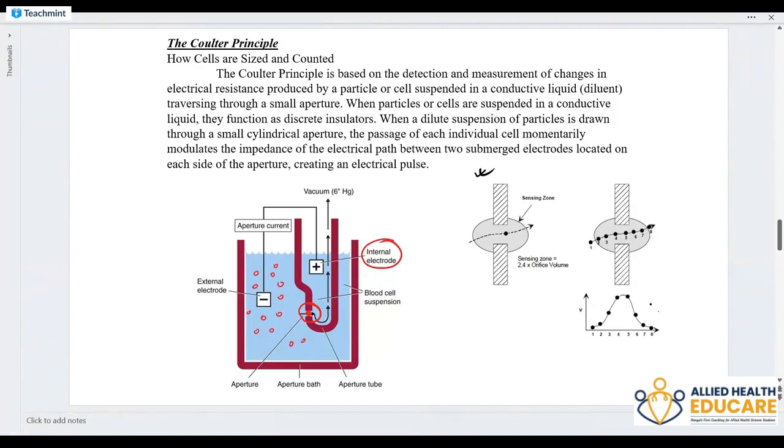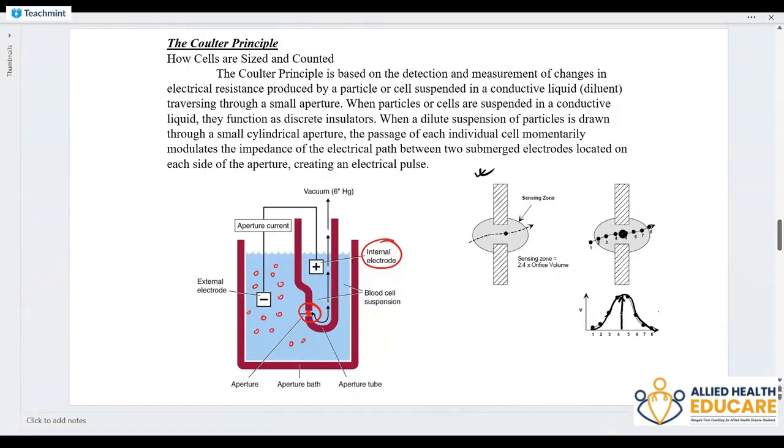As the cell gets closer to the aperture, the pulse is formed, and as the cell moves here, the peak of the pulse is generated.